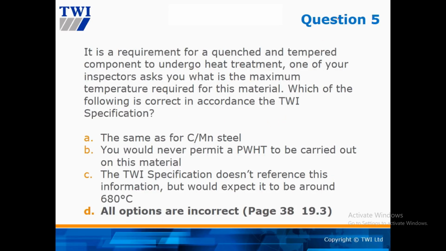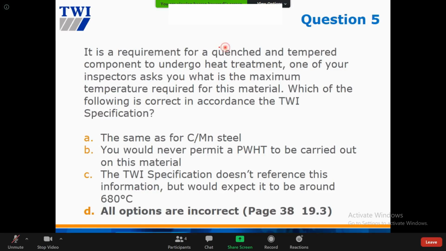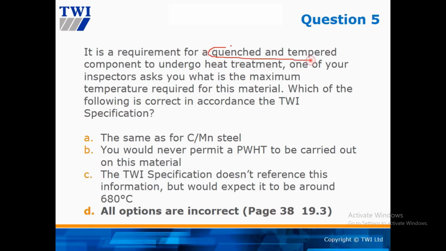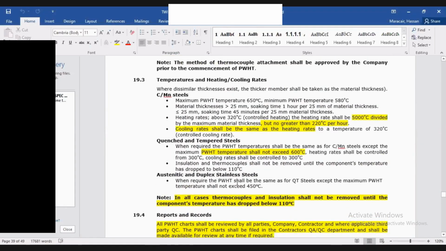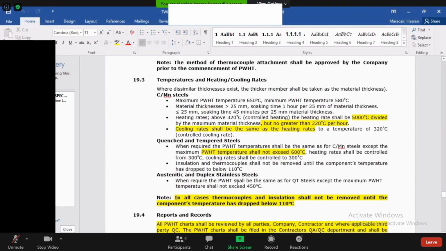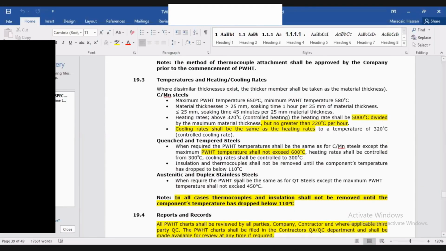All right, look at 19.3. They are talking about quench and temper, QNT, and doing this PWHT. 19.3 is talking about the heating rate, cooling rate, and soaking time for different materials.